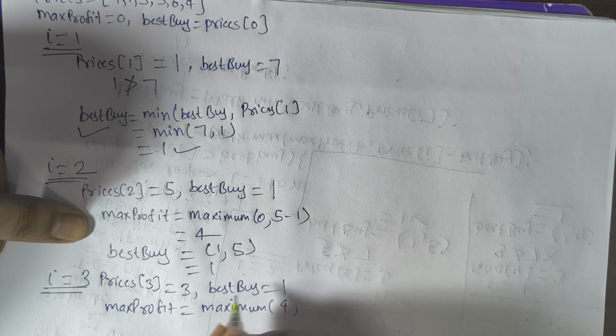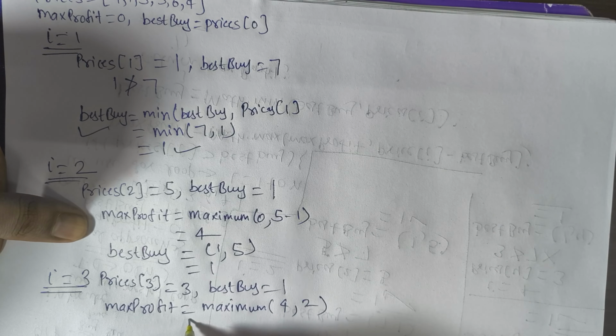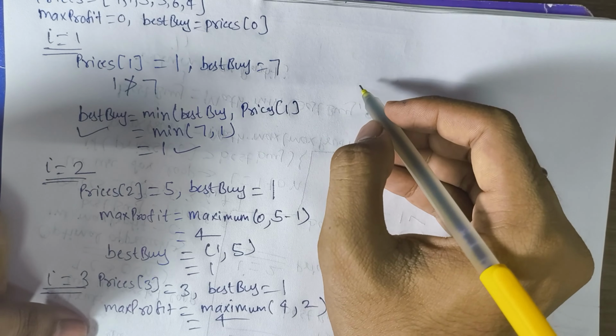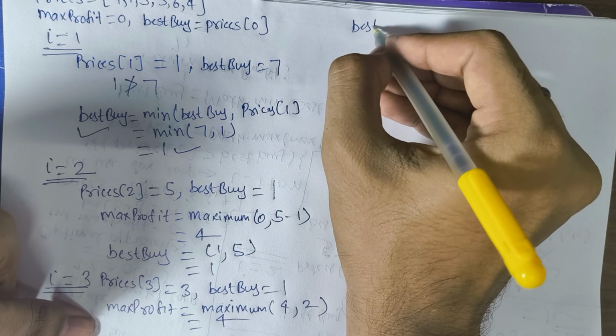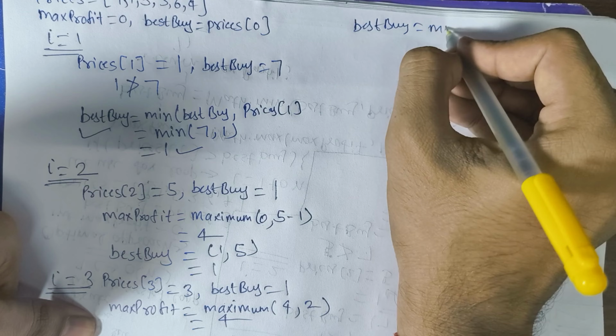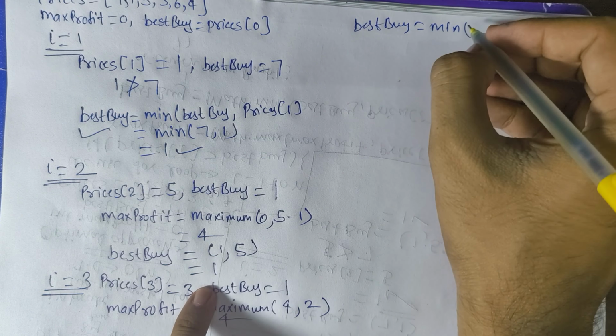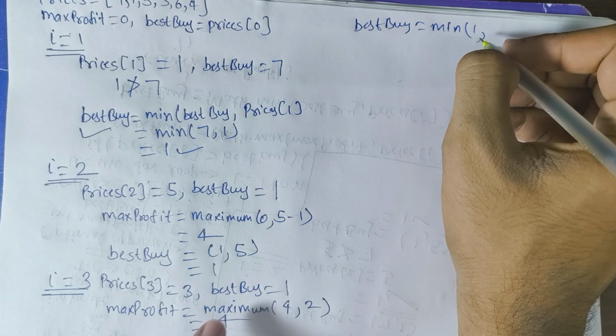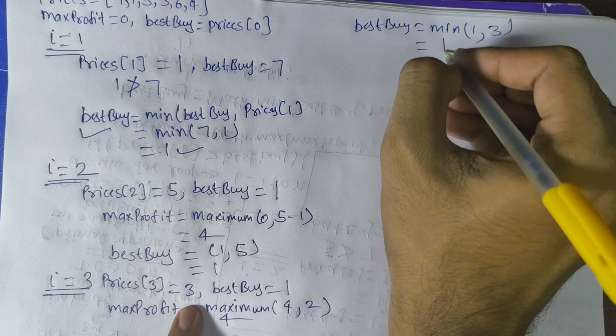The current price is greater than best buy, giving 2, so our maximum profit is 4. And best buy is the minimum of 1 and price, which is 3 right now, so the minimum is 1.